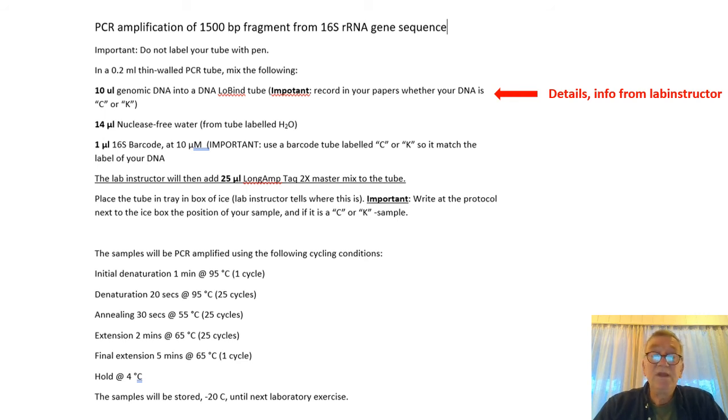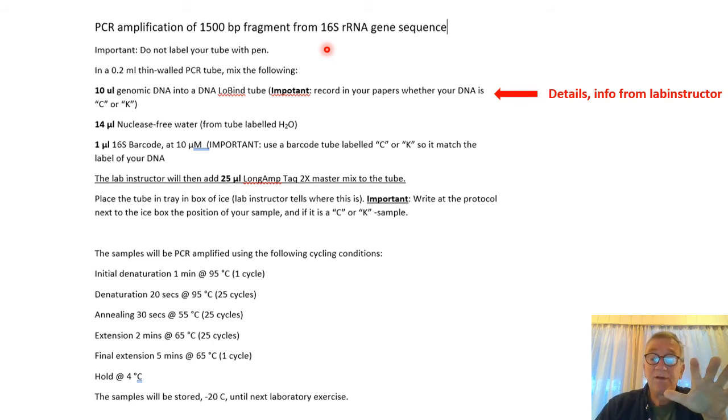In this case, we will amplify a 1,500 base pair fragment, which is covering a gene coding for the 16S rRNA molecules. That gene will produce an RNA molecule that will be a part of the ribosome of the bacteria.